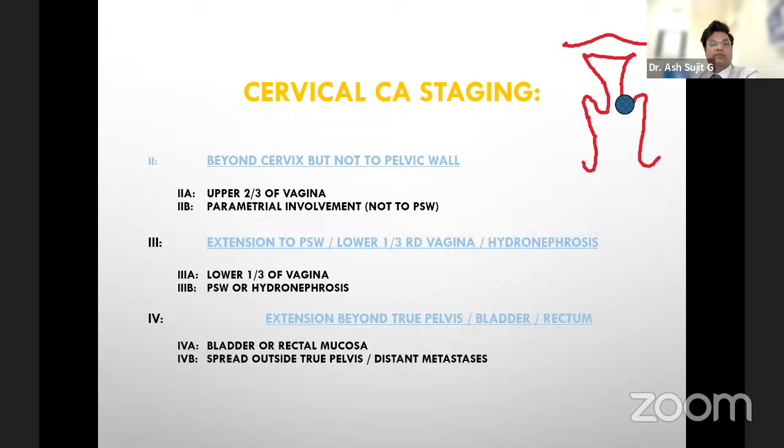Then stage 3 extends to the pelvic wall or the lower 1/3 of the vagina or causes hydronephrosis, which can involve stage 3A or 3B, and eventually stage 4, where it involves the bladder or the rectal mucosa, or spreads outside the true pelvis.